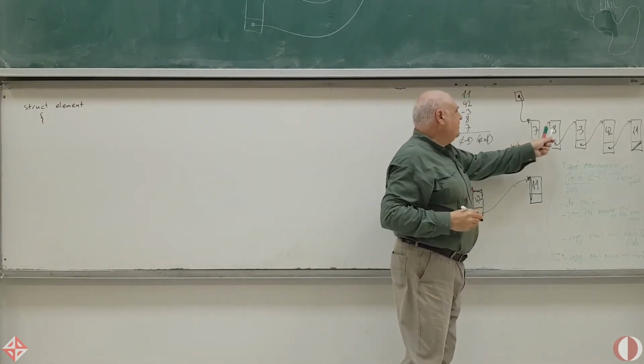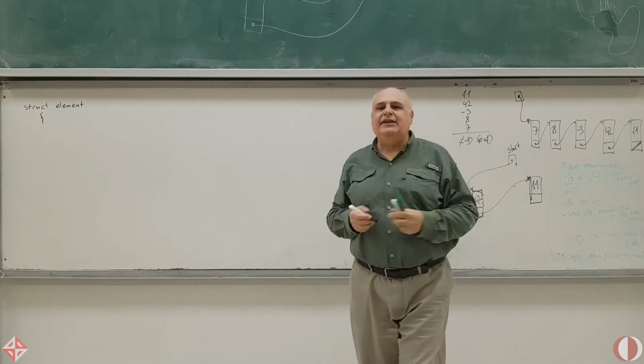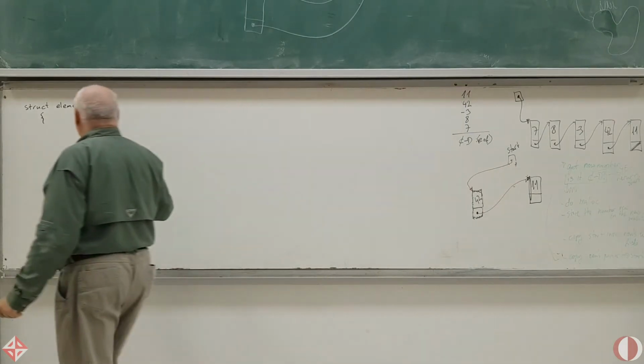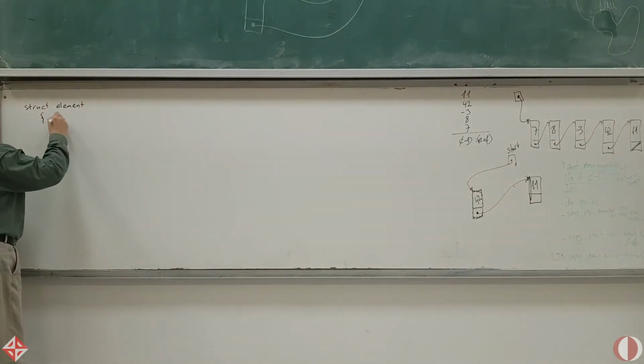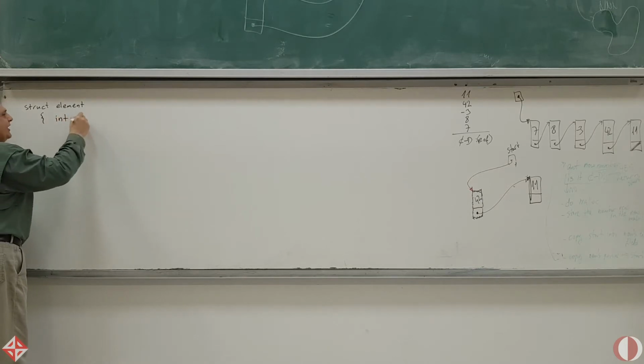This number, 7 or minus 3, is an integer, so it's an integer field. Let's call it data.